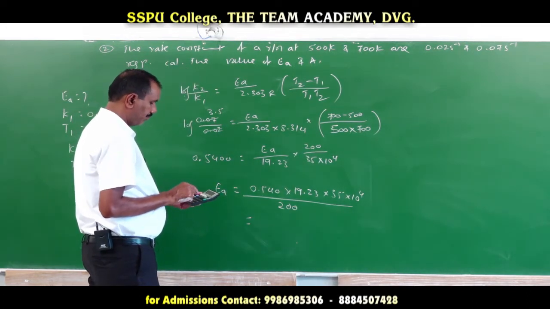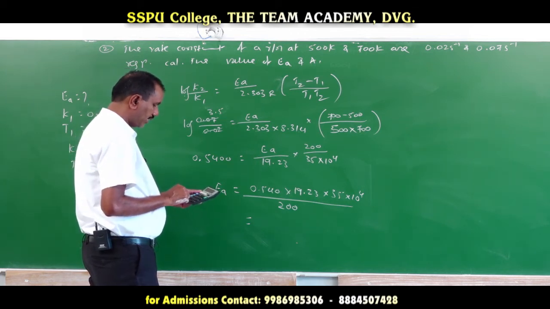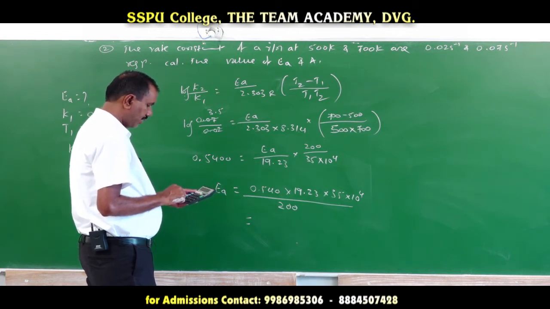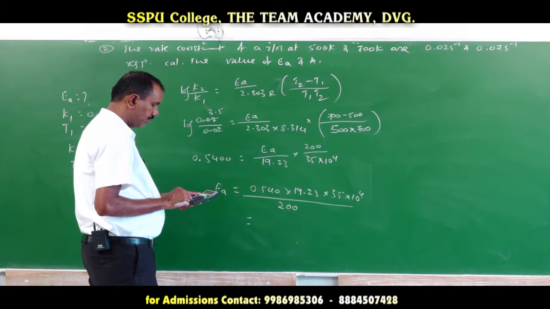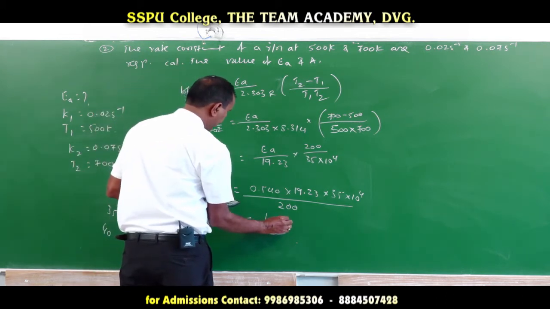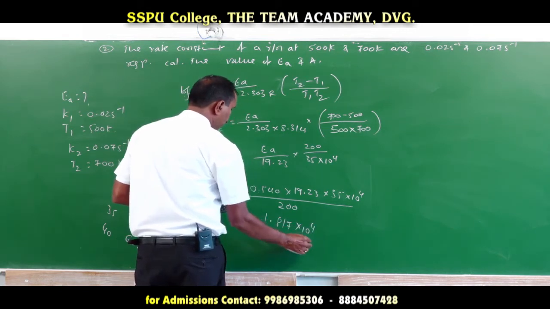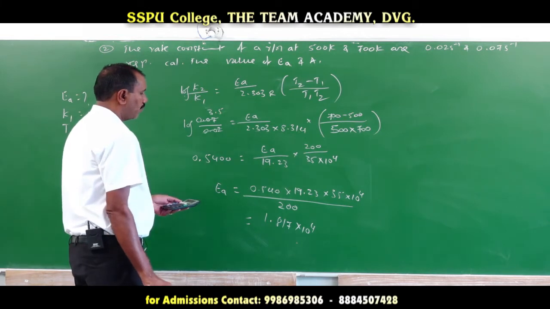That is 1.817 into 10 to the power of 4.